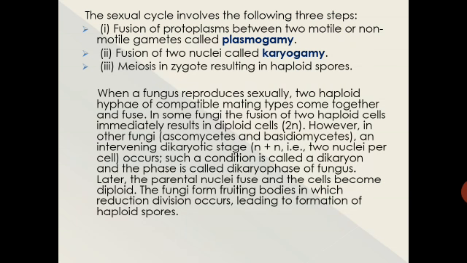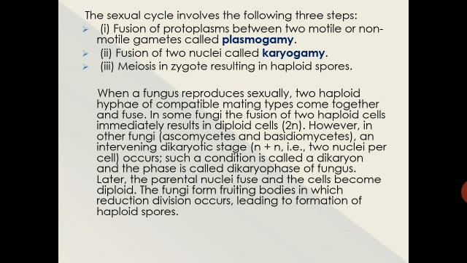When a fungus reproduces sexually, two haploid hyphae of compatible mating types come together and fuse. In some fungi, the fusion of two haploid cells immediately results in diploid cells. However, in other fungi, an intervening dikaryotic stage occurs.